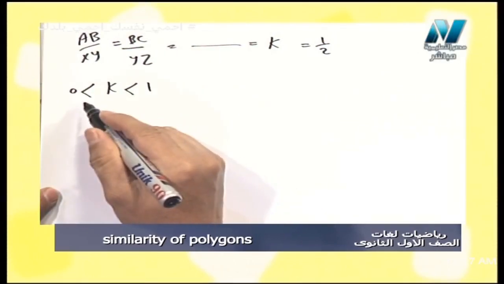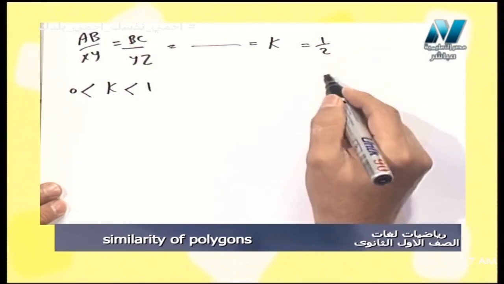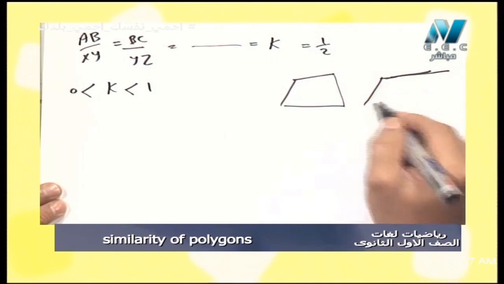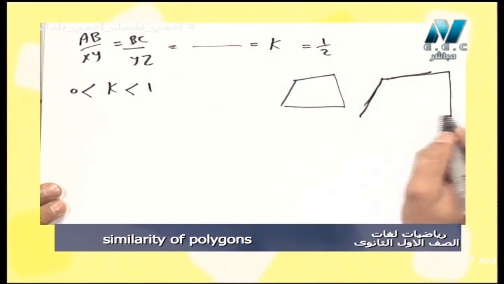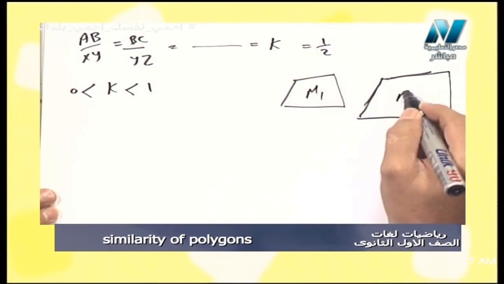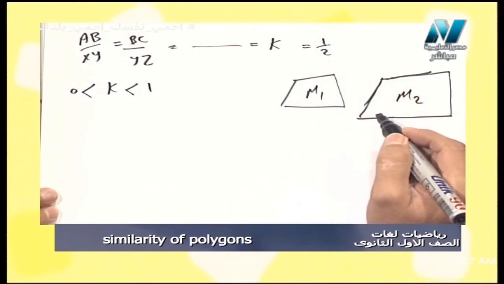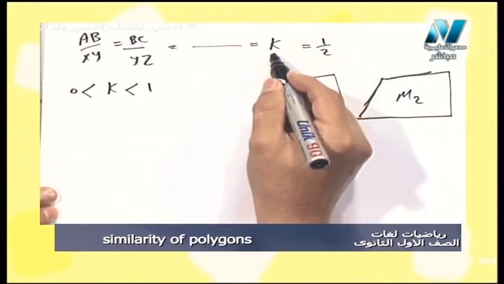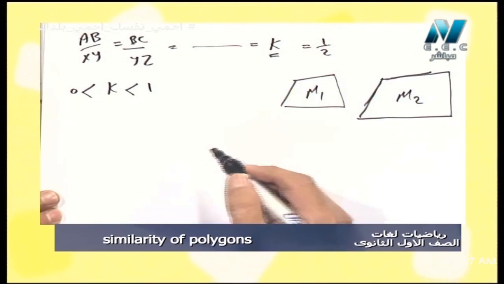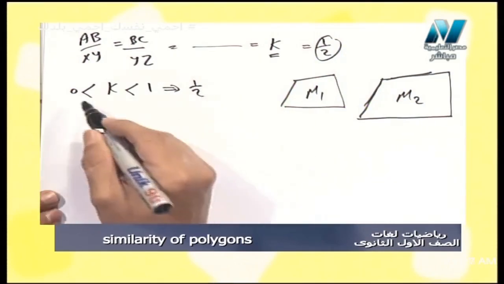If K is between 0 and 1, and we have this square and this square, say this one M1 and this one M2, two similar quads, and K is the scale of similarity or similarity factor or similarity ratio equal to half. As an example, half is between 0 and 1.